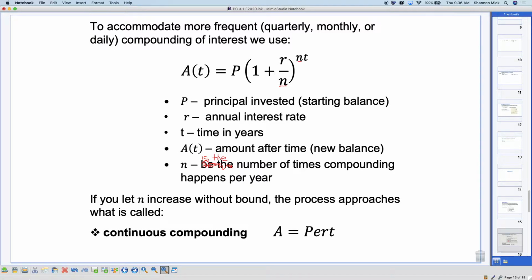So we have a continuously compounding formula. If it says continuously compounding, you need to use this one. And we just call it PERT. This t is an exponent. It is P, e, r to the t.